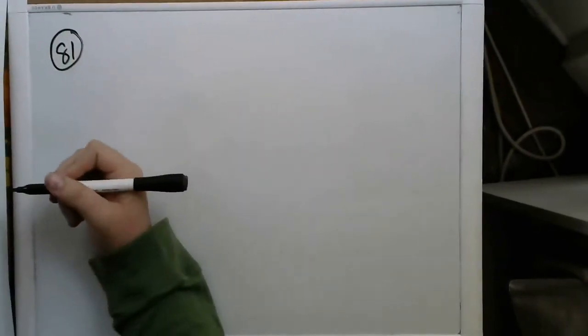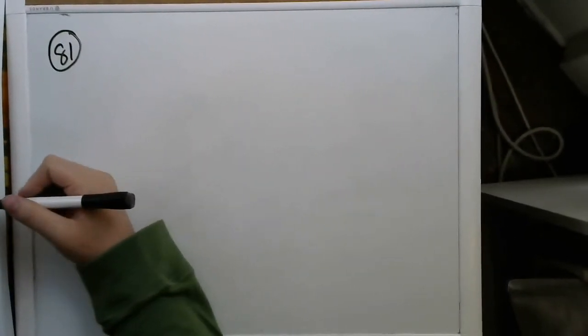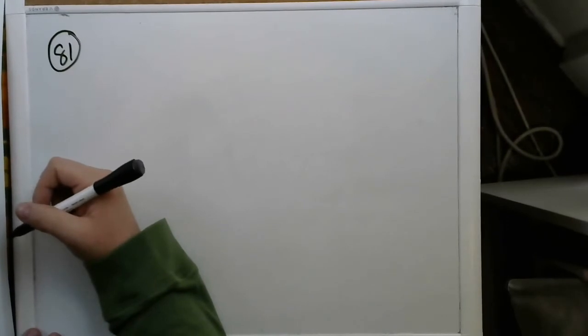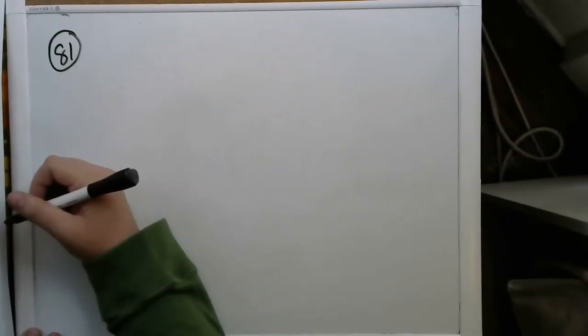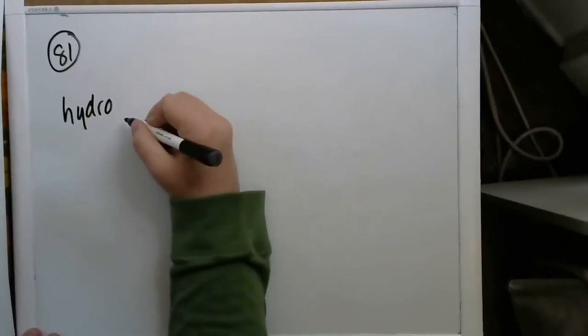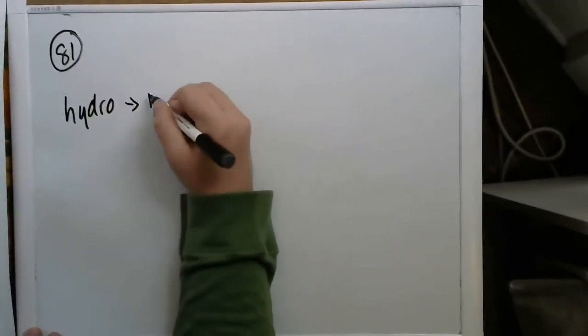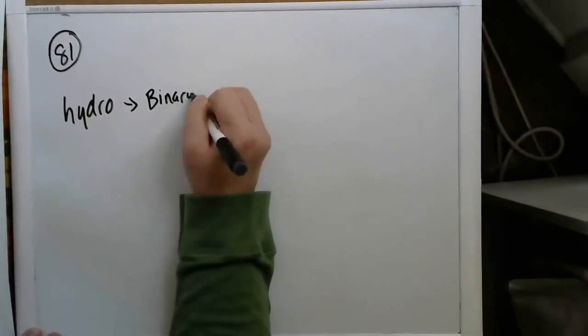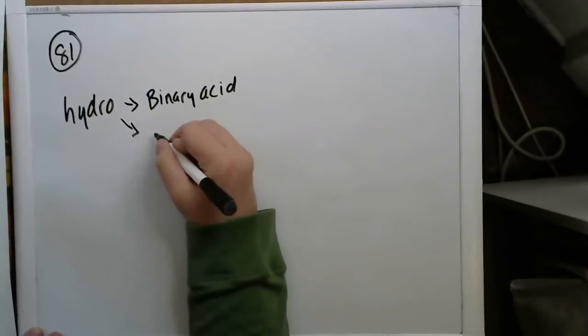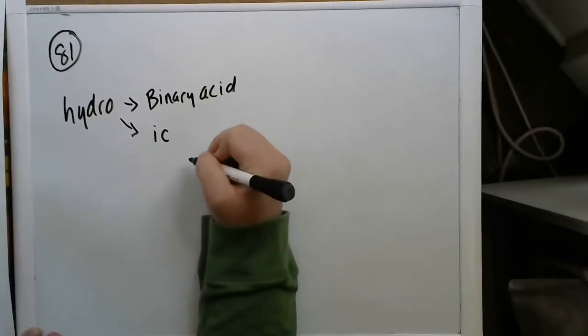So for 81, when naming acids, the prefix hydro is used when the name of the acid ends in. Okay. I mean, it's kind of a trick question. Hydro means that you have a binary acid, and all binary acids have an IC ending, right?